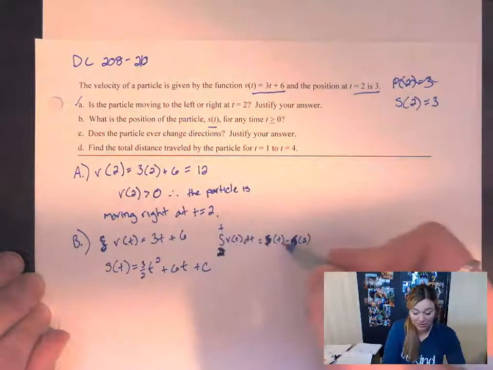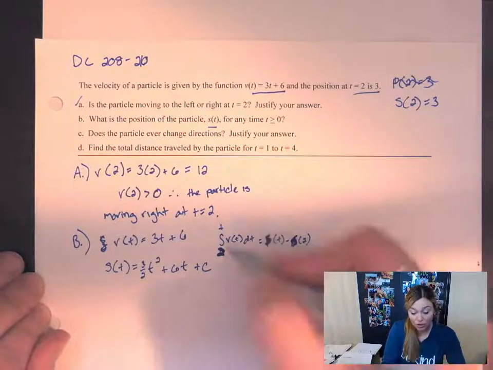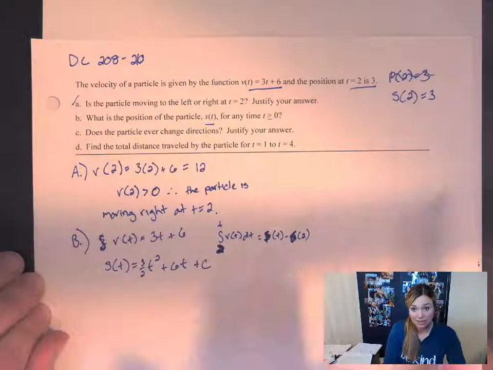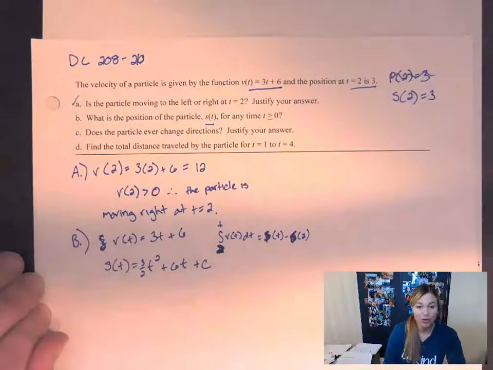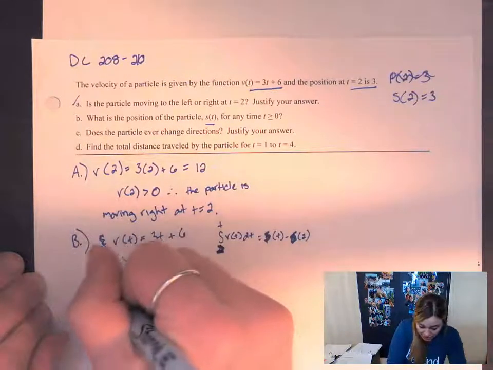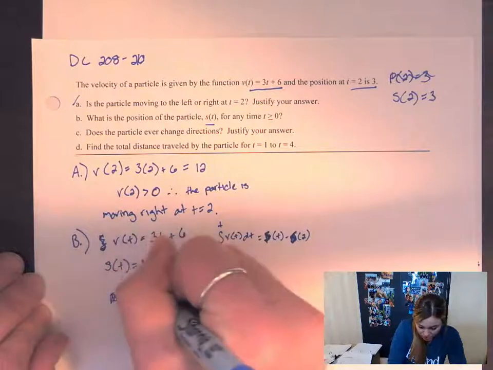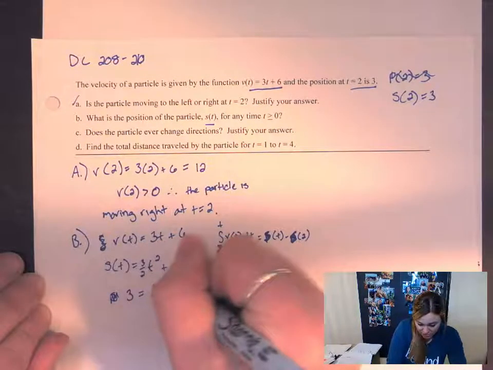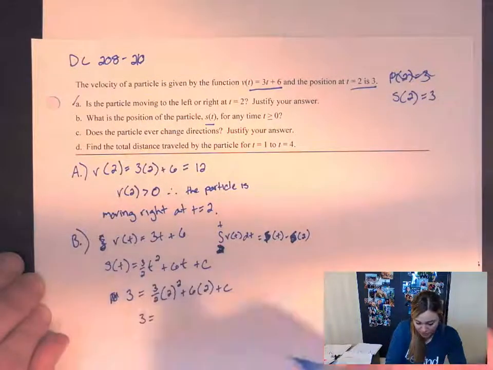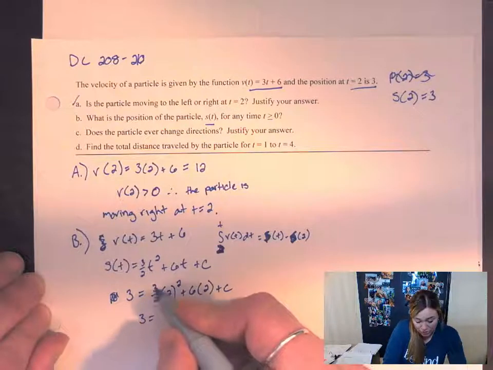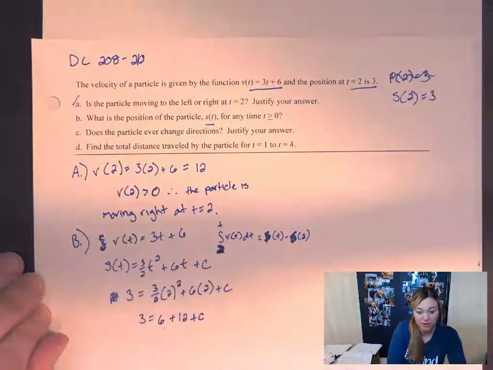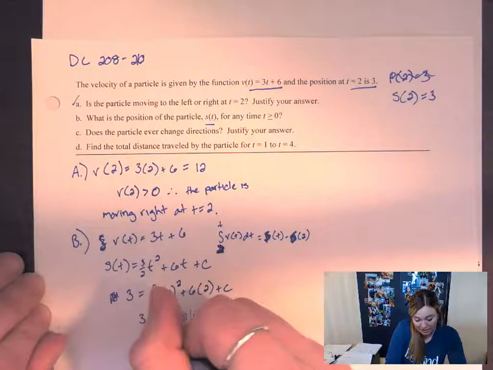This is the integral from 2 to t of v of t dt is equal to s of t minus s of 2. And I could do it this way. I could take the antiderivative of this business and then add 3 to both sides, because that's what s of 2 is. Or I could say, well, I know s of t is this, and I know s of 2 is 3. So put in 3 for s of t, 2 for t, and solved it this way. 4 divided by 2 is 2, times 3 is 6. 6 plus 12 is 18. 3 minus 18 would be negative 15.